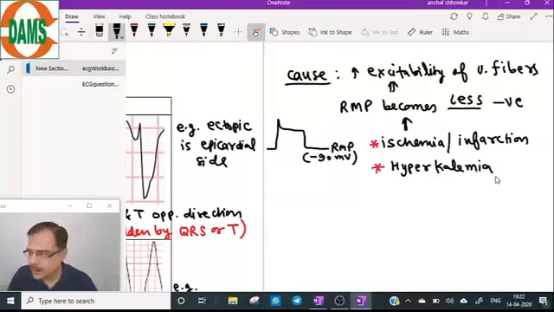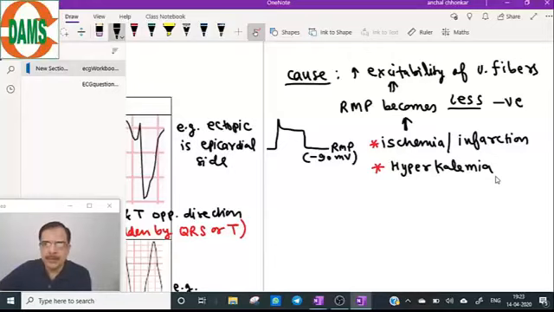These two conditions predispose to the ventricle arrhythmia, and that will be the clinical history given to you: a patient of myocardial infarction, patient of angina, or a patient of chronic kidney disease with hyperkalemia. So they predispose to the ventricle arrhythmias.